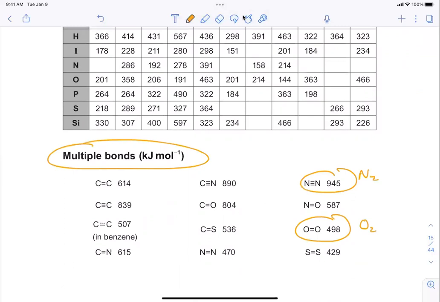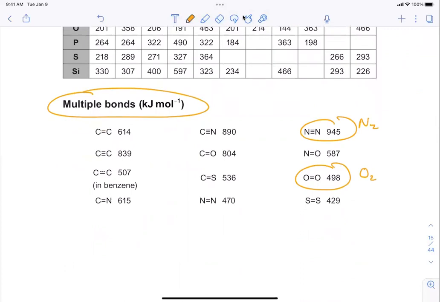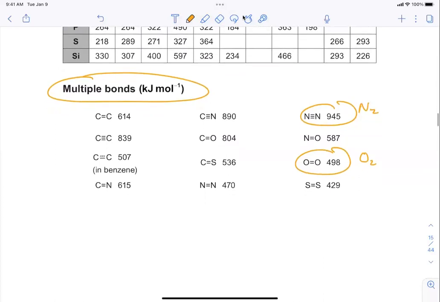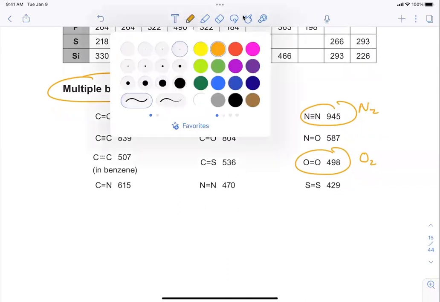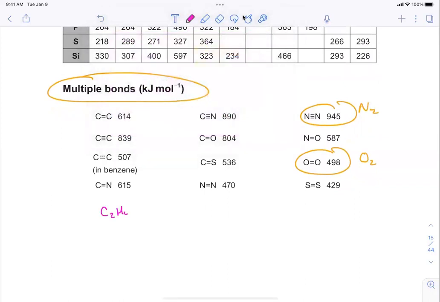What I try to make y'all do is draw all the species, however many of them you have, because a lot of times students see coefficients and just assume every molecule has one of those bonds when there may be more. So you may see something like C2H4 plus O2 yields CO2 plus H2O.